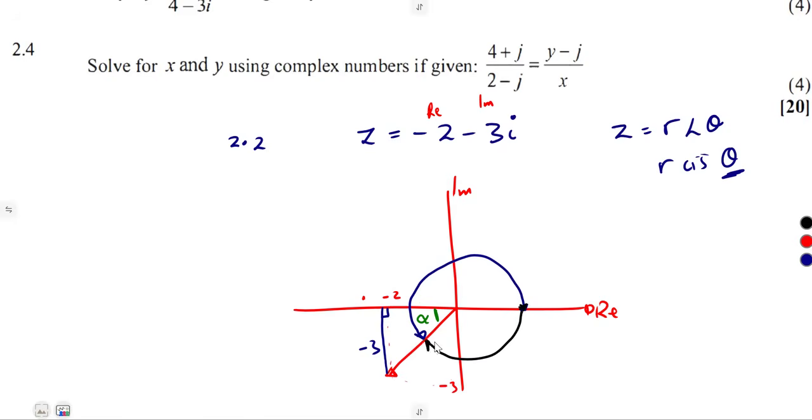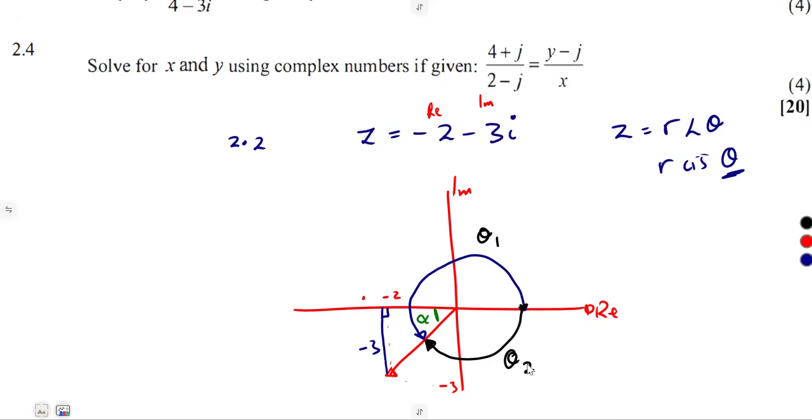So those are the answers that we are going to expect for the angle. So let's just call this theta 1 and this one theta 2. Those are your angles. One of these, they are going to mark those. Those are the angles representing the argument, the one that we need as our theta.